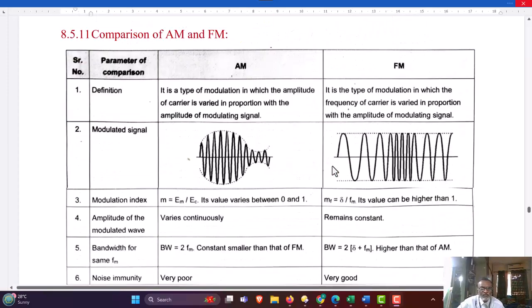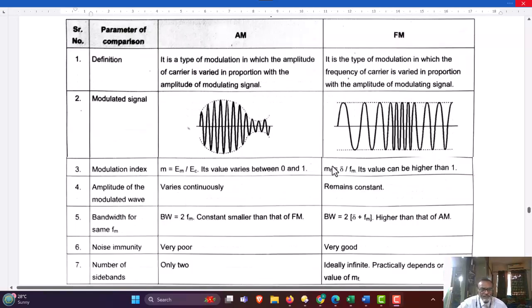Here, the following table shows the comparison of AM and FM, in which basic definitions are shown first. In AM, the modulating signal varies the amplitude of the carrier, whereas in FM, the frequency of the carrier signal is made proportional to the modulating signal.